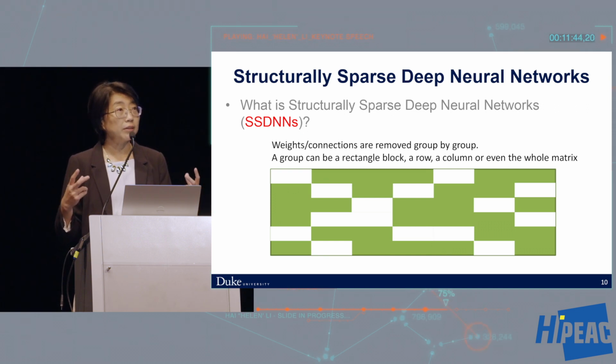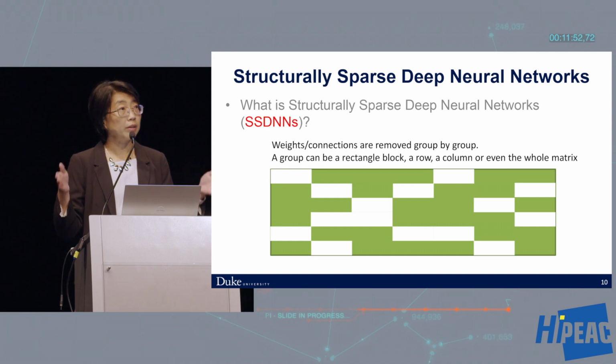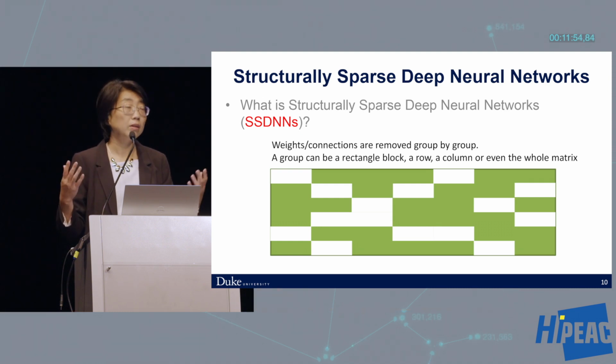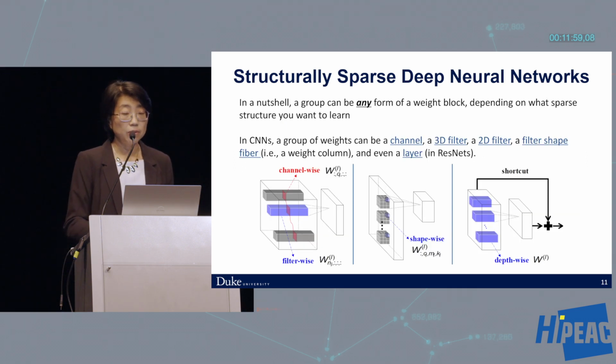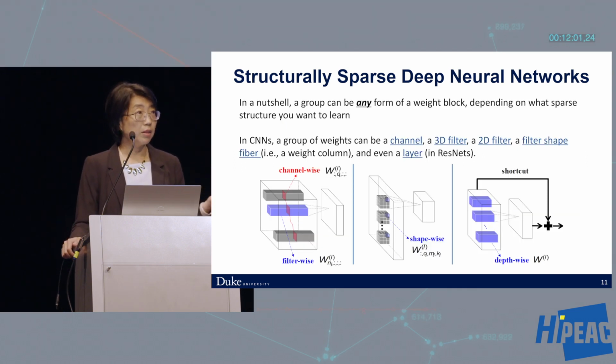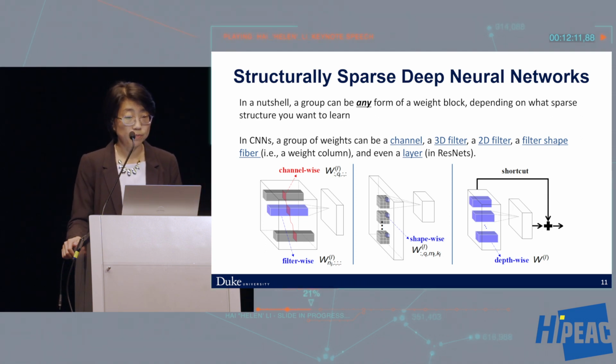Here, the definition of the group is also very flexible. It could be a rectangular block, an entire row, or an entire column. It could even be the entire matrix. A lot of times, this can be defined by users like you, because you know your model, your data, and your application much better than others.